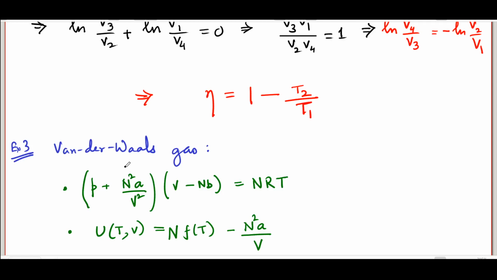So the pressure becomes smaller than the effective ideal gas pressure, which is corrected by putting in P plus n square A by V square.